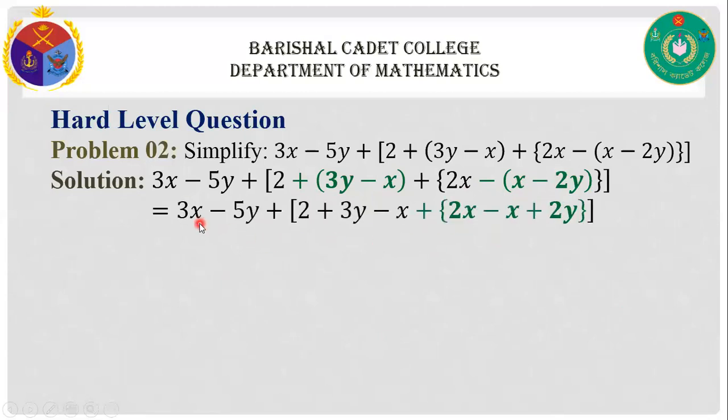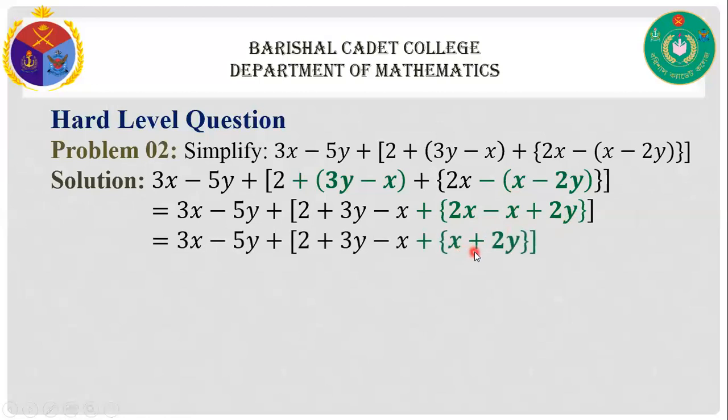So we write 3x minus 5y plus 2 plus, first bracket, 2 plus here plus 3y and it is minus x and plus 2x minus, so it is a minus sign, it will be changed, minus x plus 2y, and 2x minus x is x.